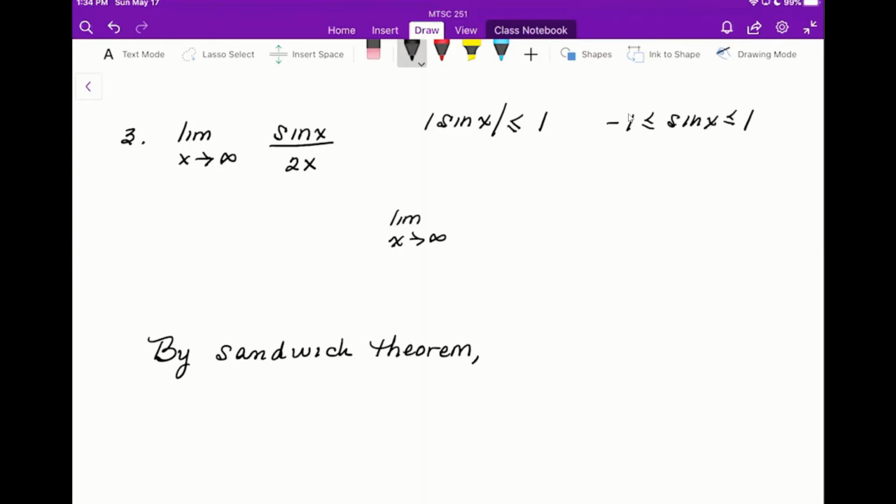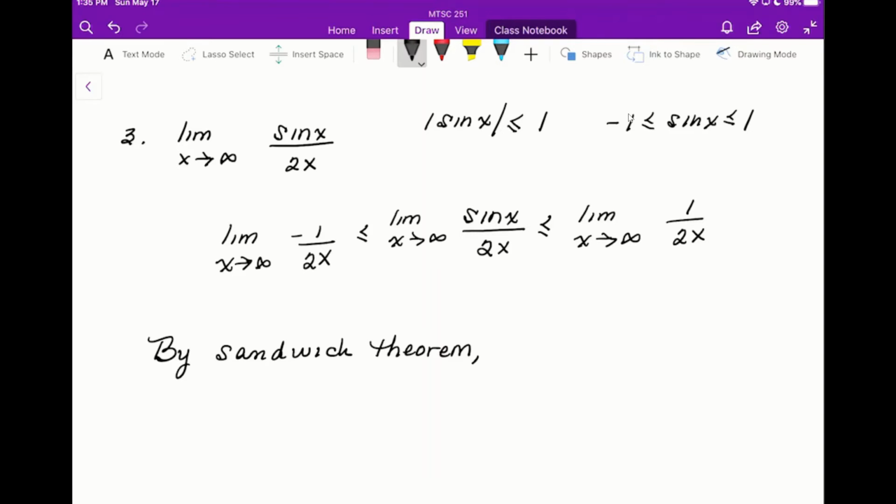So this would be the sine of x divided by 2x, and that's less than or equal to the limit as x approaches infinity of 1 over 2x. And on the left I'm going to get the limit as x approaches infinity of -1 over 2x.